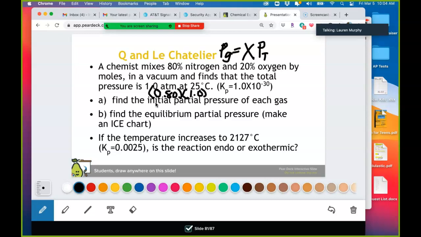And so the partial pressure of nitrogen is 0.8 atmospheres. And then you would do 0.2 for 20% times 1 atmosphere. So the partial pressure exerted by the oxygen is 0.2 atmospheres. So these are the initial pressures. These are before they react, okay?